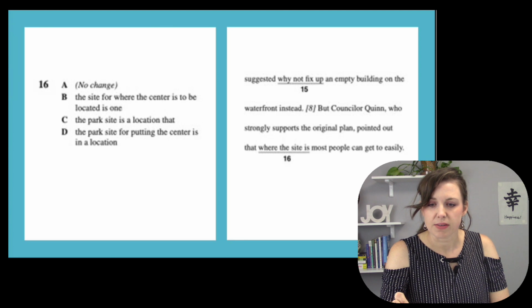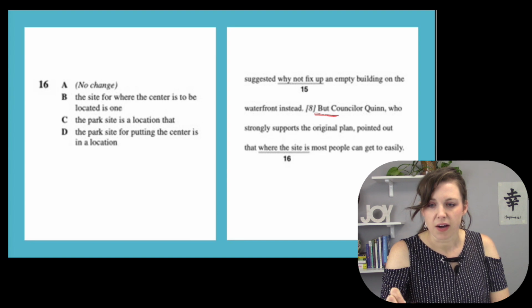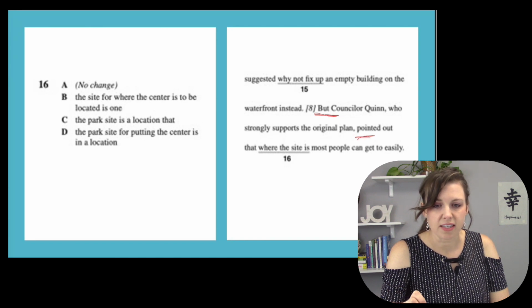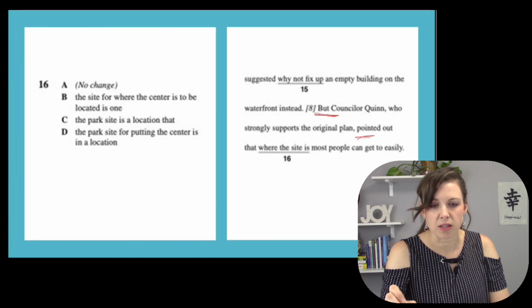16. So we'll start right here with, but Counselor Quinn, who strongly supports the original plan, pointed out that where the site is, most people can easily get. All right, so we'll start with here, pointed out. Pointed out that the site for where the center is to be located is one people can get to easily.